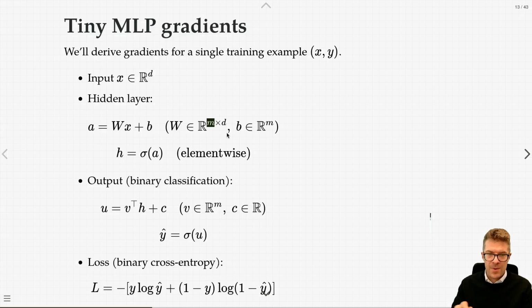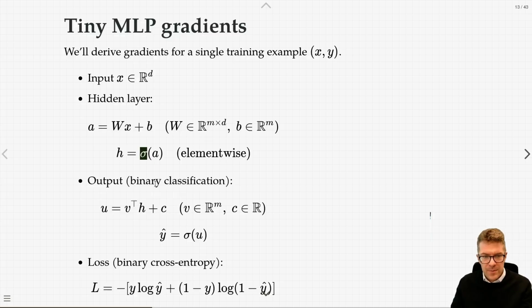M is a parameter we can change, which changes the dimensionality of our data. We spent some slides talking about dimensionality reduction, so nothing new here so far. We take this linear transformation of x, which we call A. We pass it through a nonlinear transformation, which we like to have because we're using neural networks. Now we're just going to use a sigmoid function represented as sigma, giving us a hidden layer, H.